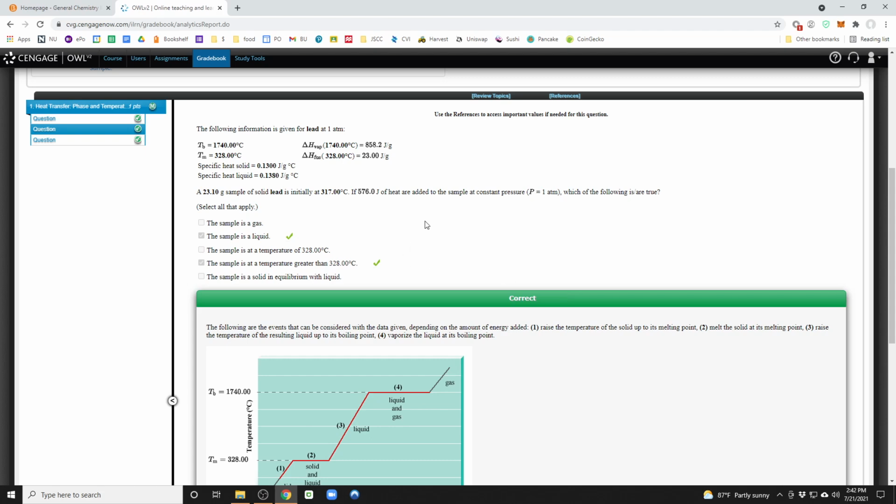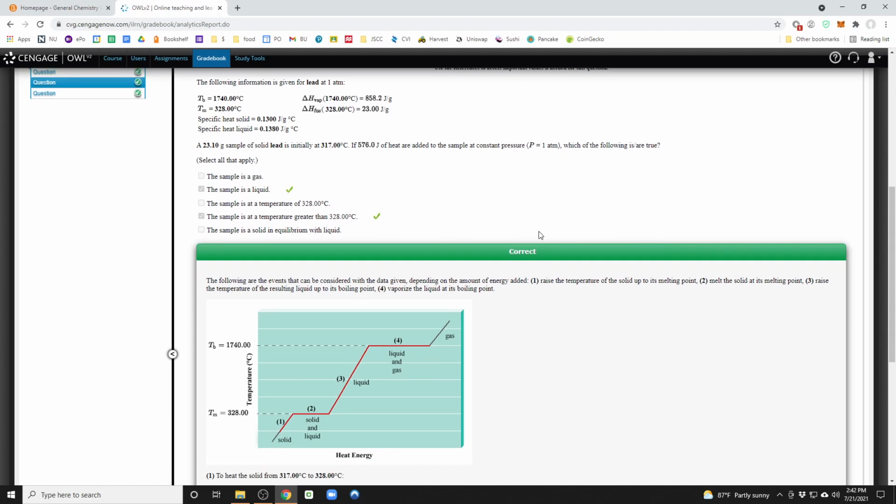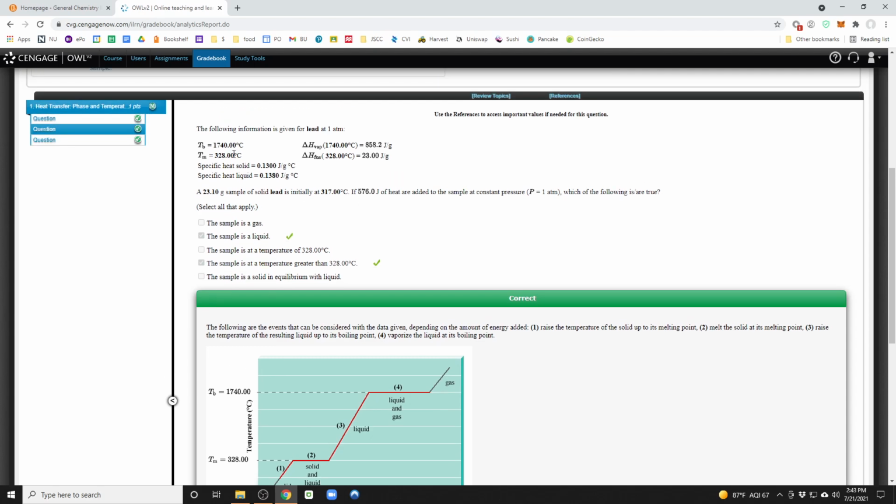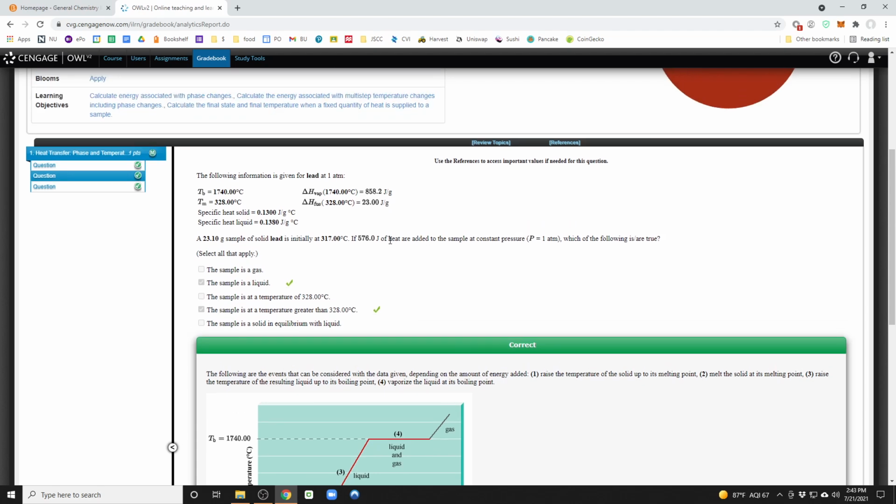The next step would be to figure out how much energy would take you up to this 328 right here. Notice that 328 is actually your melting point. And so, well, okay, we're actually done. I didn't pay attention to what the problem said.